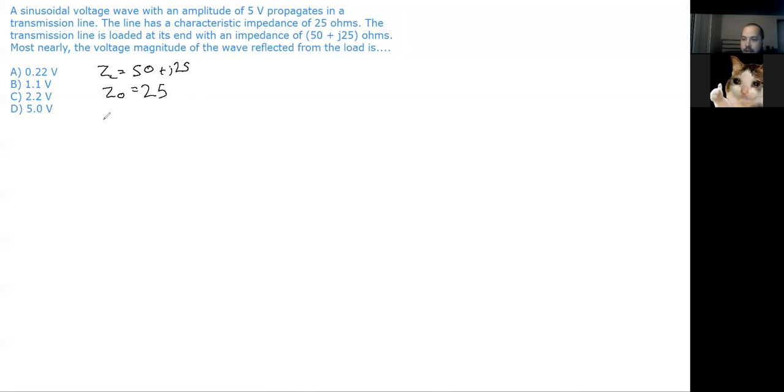So if you remember from the gamma coefficient, it's basically just ZL minus Z naught over ZL plus Z naught. And then if I recall what number 5 said, it's a voltage wave.